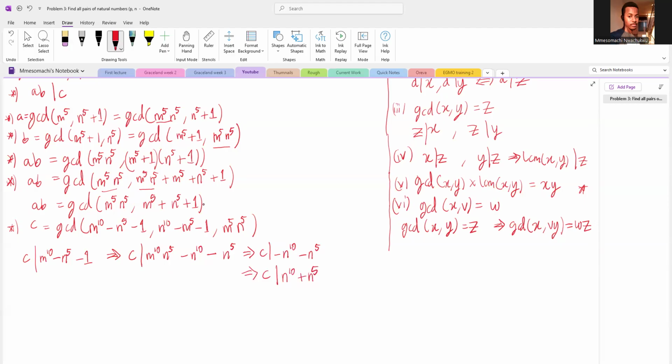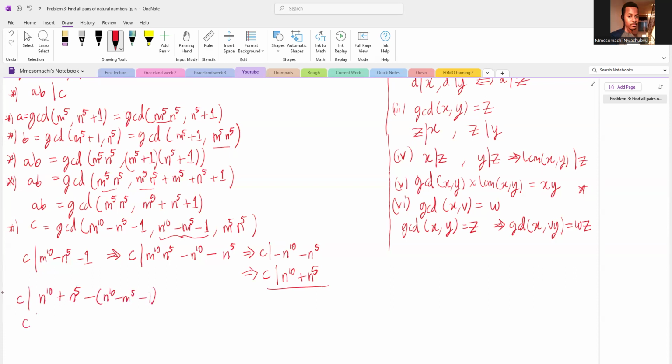Okay. Now we know that C divides this second value here. Okay, so we can now look at it this way. So C divides n to the power of 10 plus n to the power of 5. So from here, and then we bring this in. So minus n to the power of 10 minus m to the power of 5 minus 1.